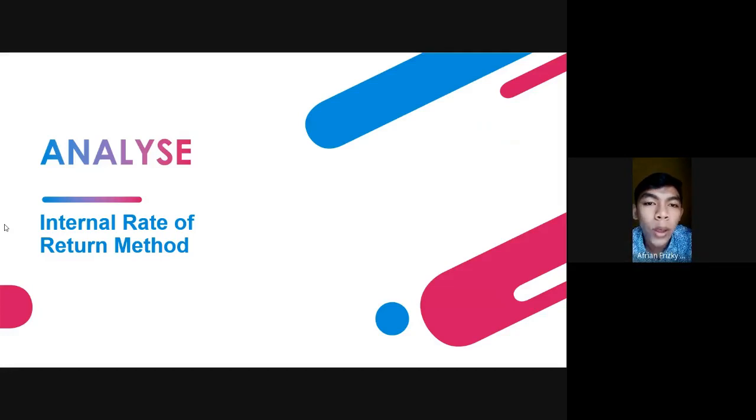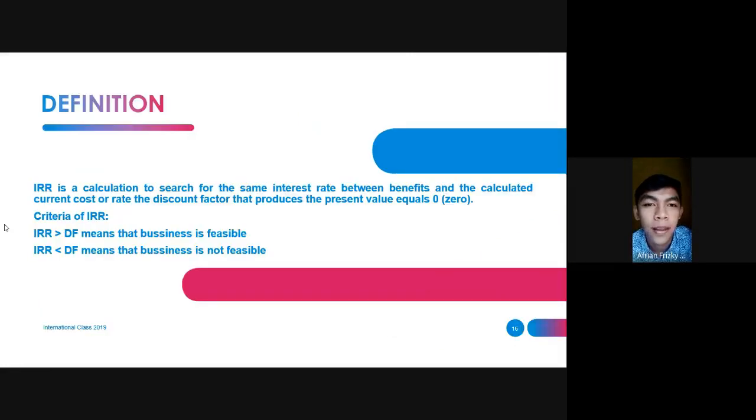Then we are going to analyze using the internal rate of return method, or IRR. The definition of IRR is a calculation to search for the interest rate at which benefits and costs are equal, the discount factor that produces a present value of zero.